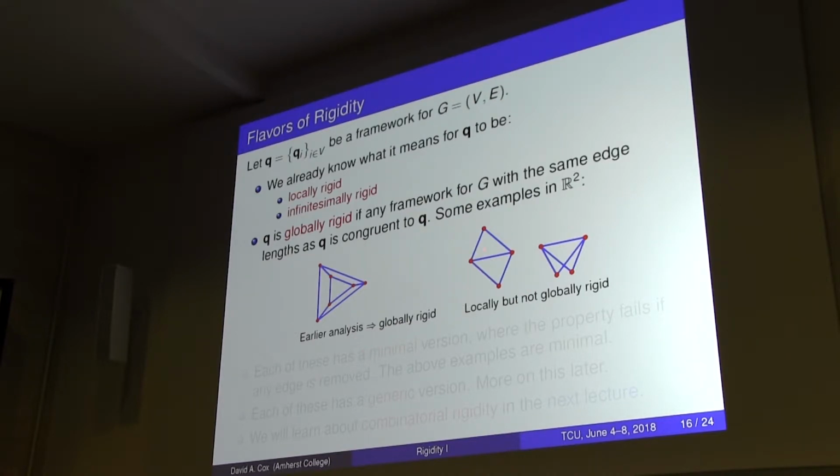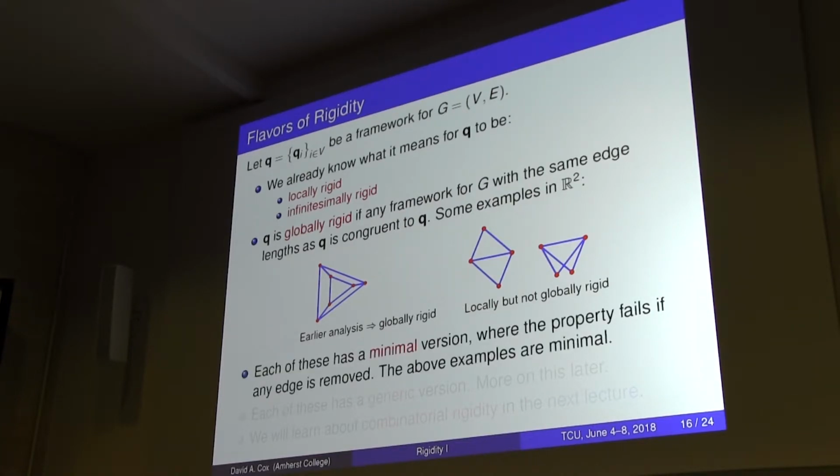Here's something that's locally rigid. It's two triangles, and I'm assuming I'm in the plane, so in the plane, I can't do anything. But this has the same graph and the same edge lengths, and I can't get from here to here by a congruence. And so that's locally rigid, but not globally rigid.